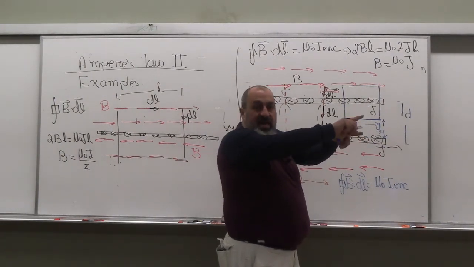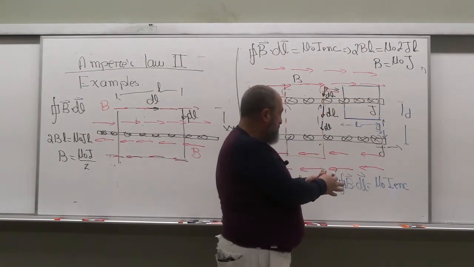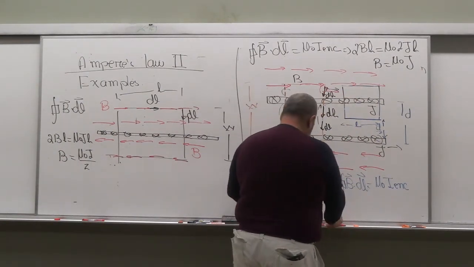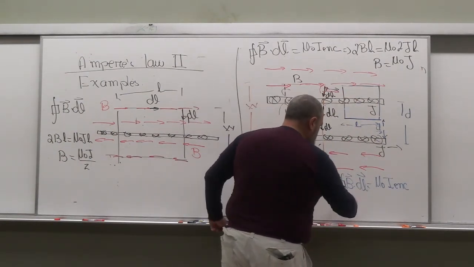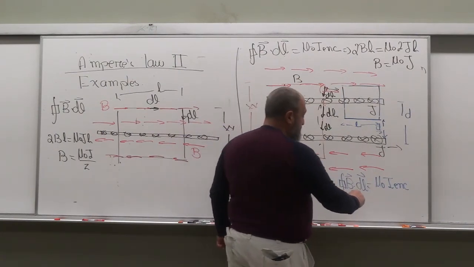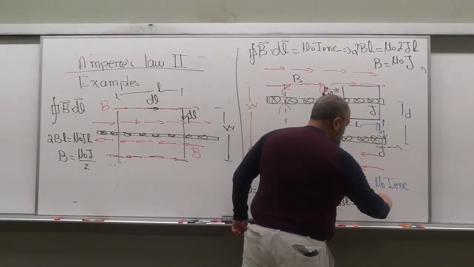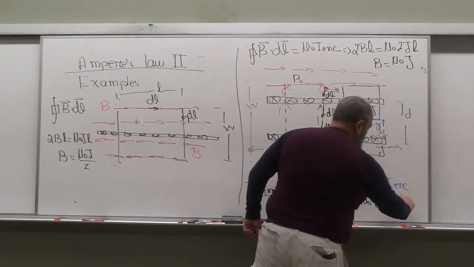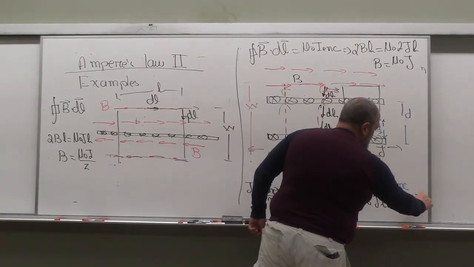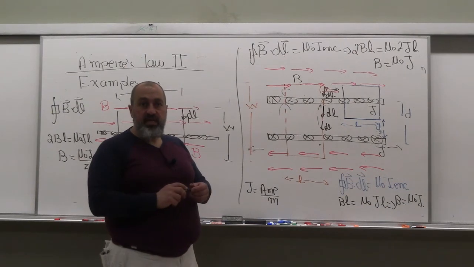So B dl integral, B is uniform, comes out of the integral, B times l. So this reduces to B times L equal to mu naught times the current enclosed, which is J times L, and that gives me that B is equal to mu naught J as well. That's really nifty.